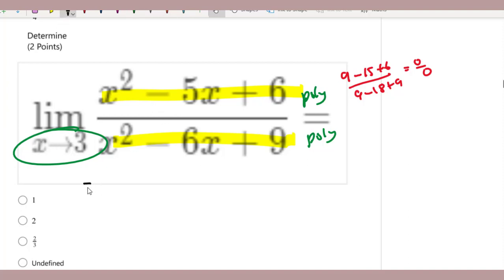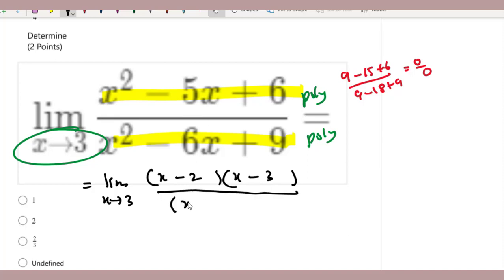Okay, let's do this one. Limit as x approaches 3, factorize: x minus 2, x minus 3 in the numerator, over x minus 3 squared in the denominator. Then this one can be cancelled.